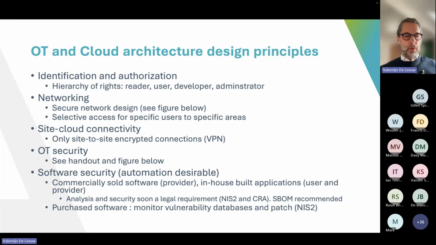And then there is the security of your software itself. So software code can have vulnerabilities, and there are two aspects to it. There is commercial software that you sell commercially, and in-house built applications if you are a user or if you are a technology company.